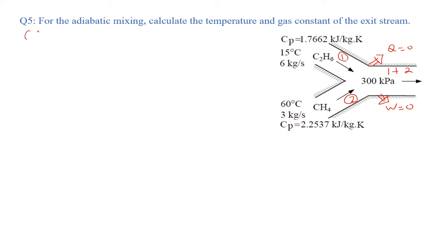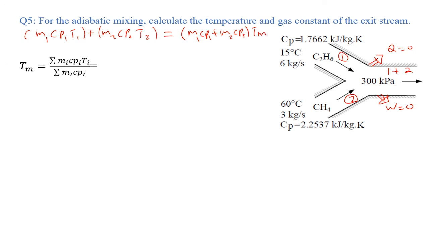Enthalpy inlet is M1 Cp1 T1 plus M2 Cp2 T2, which will equal the exit, M1 Cp1 plus M2 Cp2, all multiplied by the temperature at the exit, which is the mixture temperature. So we can calculate the mixture temperature by dividing this value by this value.